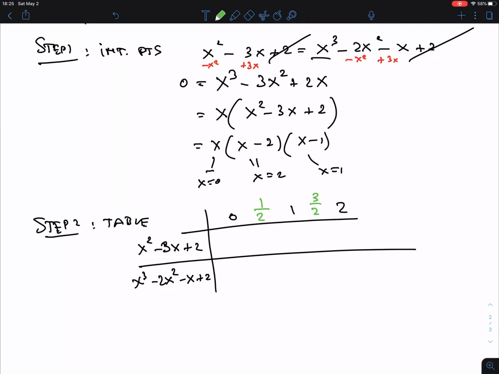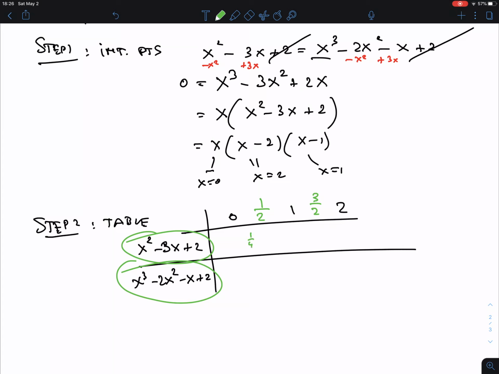If you want to, remember what you can always do is on your calculator, I cannot show it here, you can put this function as y1 and this as y2, and then you can make a table and you can ask whatever number you want to put in there, and then it will just spit it out for you. But these are so easy numbers that I like to do it by hand.